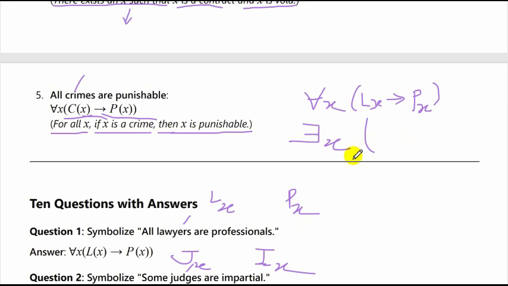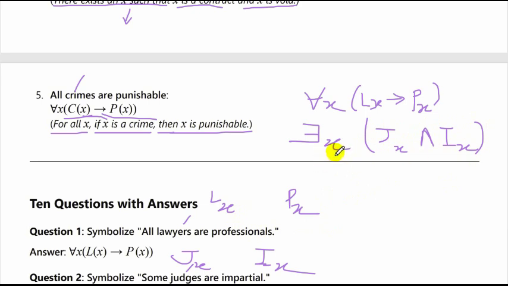There exists x such that Jx and Ix. So this is how we symbolize it. So how do we read this?